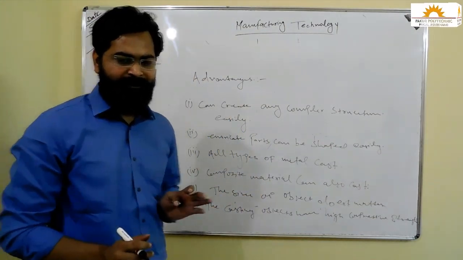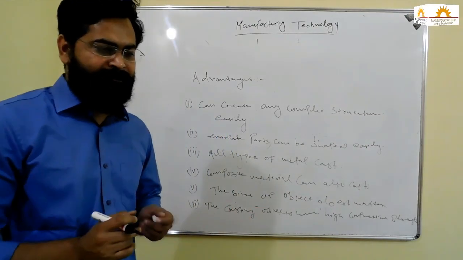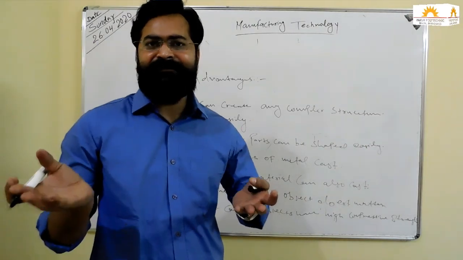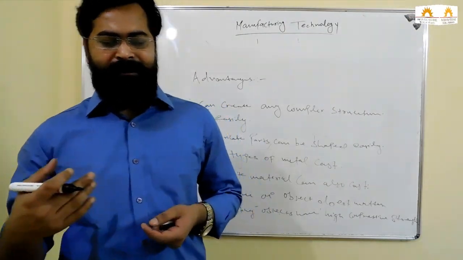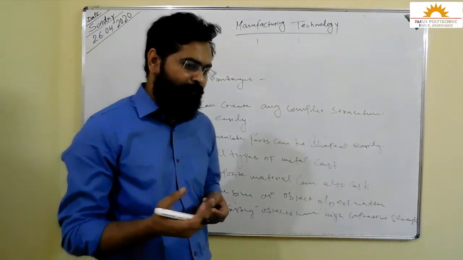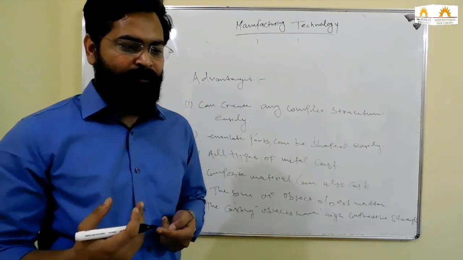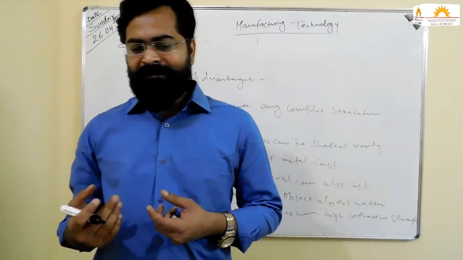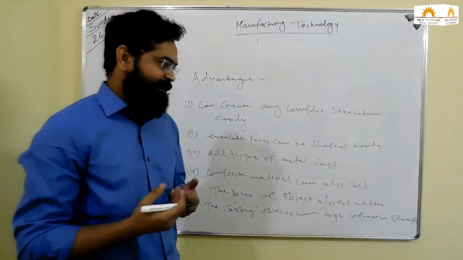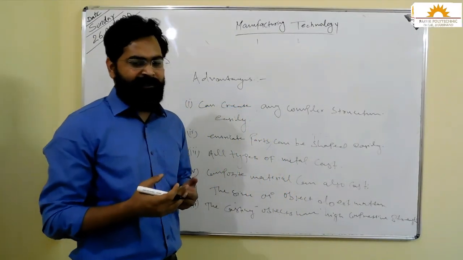Now I am talking about the disadvantages of casting. It gives poor surface finish. After removing or ejecting the object from the mold, surface finishing operations like polishing and machining are required.